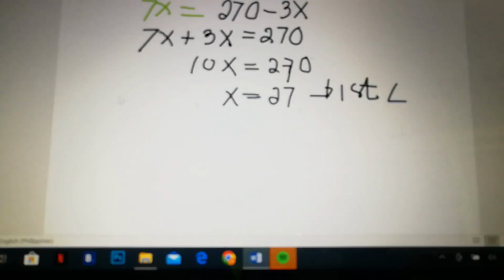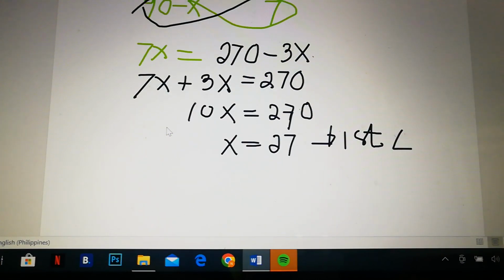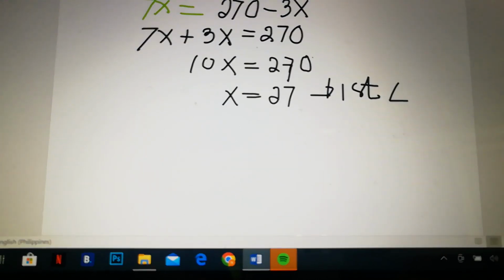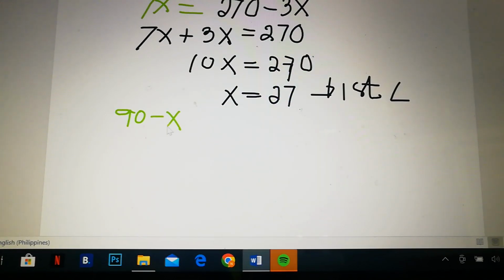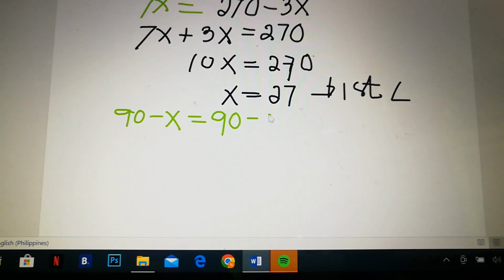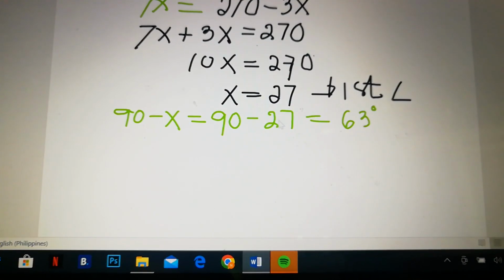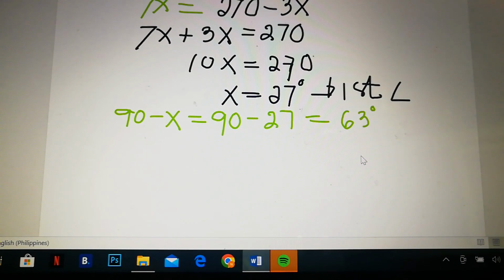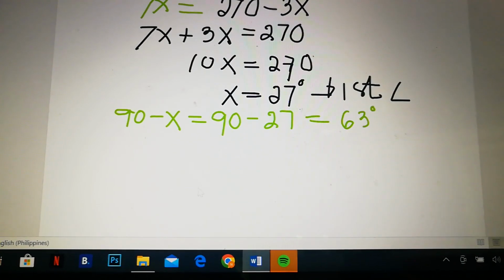Therefore your second angle, the complement, is 90 minus x. So 90 minus 27 is equal to 63 degrees. So the measures of the two angles are 27 and 63 degrees.